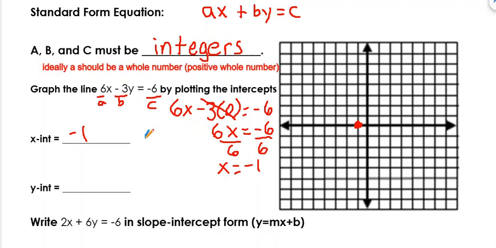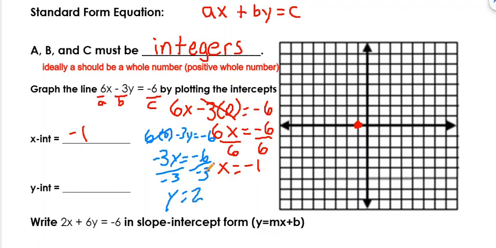So if I'm solving this one here, I would do 6 times 0 minus 3y equals negative 6. 6 times 0 cancels out. That gets 0. So then I'm just left with negative 3y equals negative 6. So then all I have to do is divide by negative 3. Y would equal 2. Negative 6 divided by negative 3 would be 2. So my y-intercept is 2.